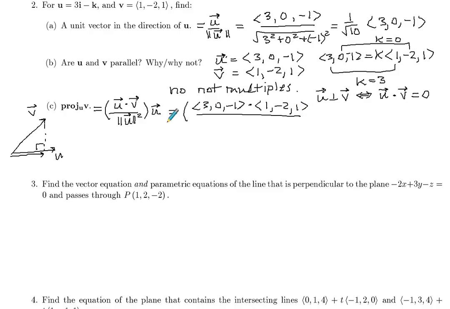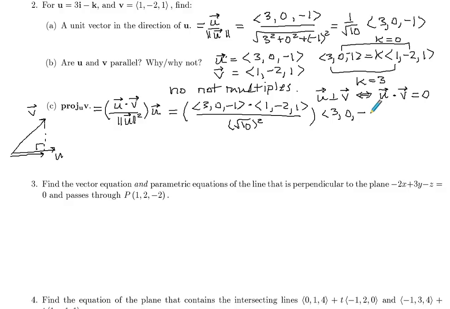Downstairs we want the length of u squared. We already found the length of u, which is square root of 10, so on the bottom it's root 10 squared. And that's our multiplier times the vector u, which is 3, 0, negative 1.